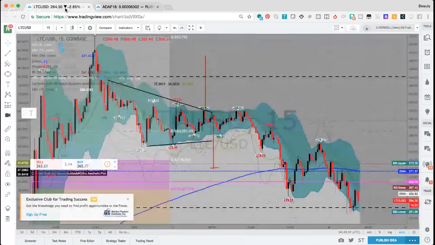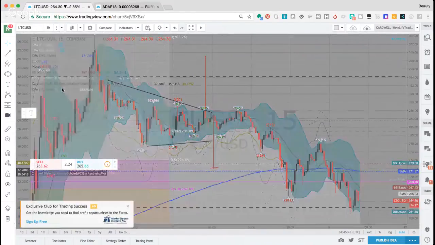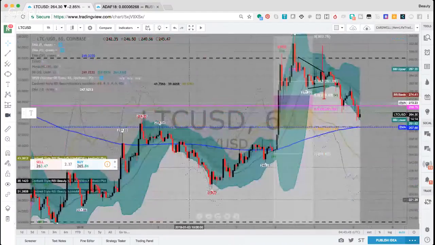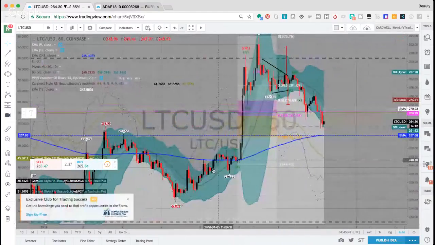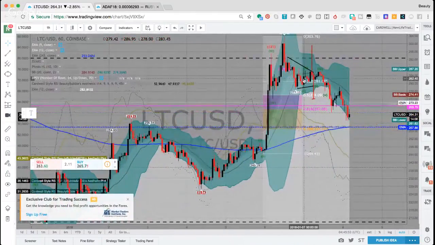Let's go on back to the Litecoin chart. I'm going to go ahead and do an hour on the Litecoin chart so you can sort of see. Once again, I'm playing around with these colors, so never mind me. I know you've seen the white on white chart before.